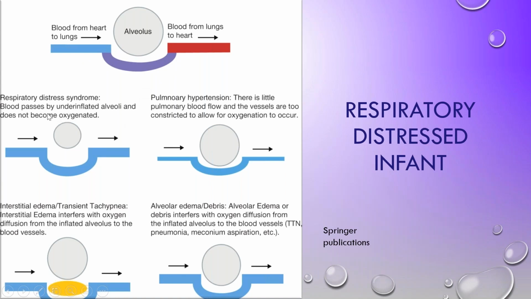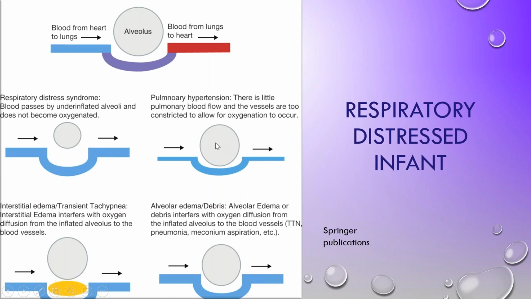In respiratory distress syndrome, blood passes by underinflated alveoli because we don't have that surfactant to allow it to expand, and we don't get oxygenation. So this is a question of never the two shall meet. The alveoli is up here, and here is the circulation, and we can't have gaseous exchange.